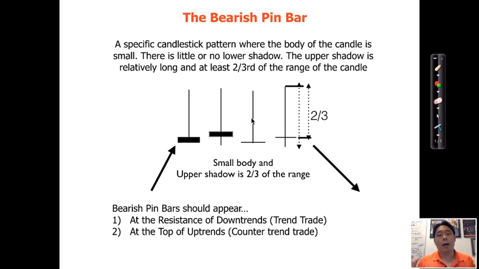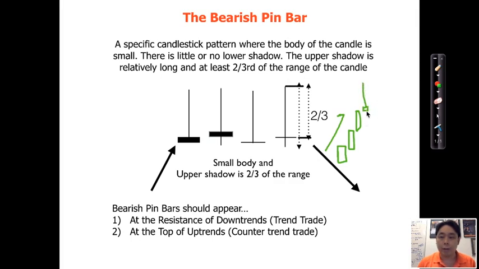Again, finding a bearish pin bar on the chart is not good enough. You have to find it in the right location. And it should appear after a series of bullish candles. So what you want to see is a series of candles going up like so, making an upward move, and then you see a bearish pin bar appearing.